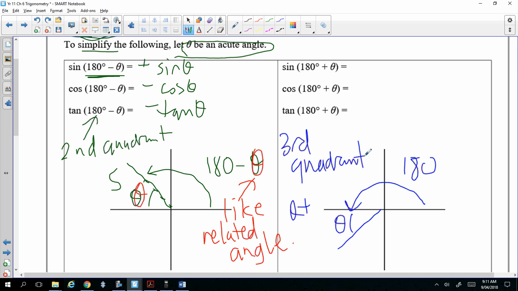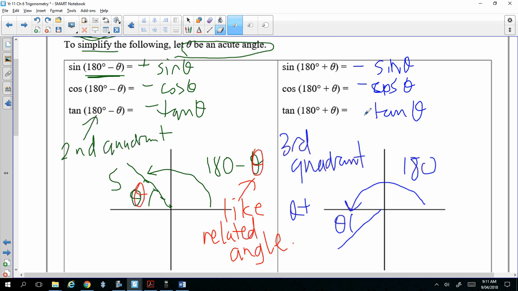So negative sine theta, negative cos theta, but positive tan theta. You don't really need the positive sign. Okay, good. Let me rub this off a bit so it's clearer. And then we've got two more to go through.